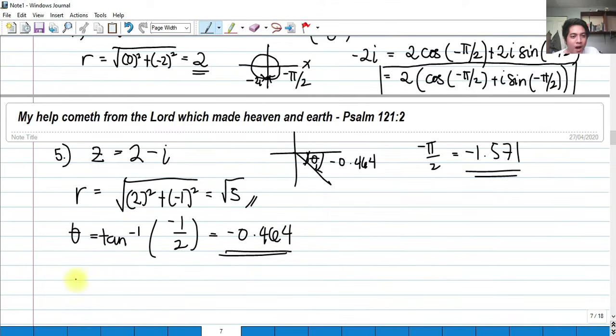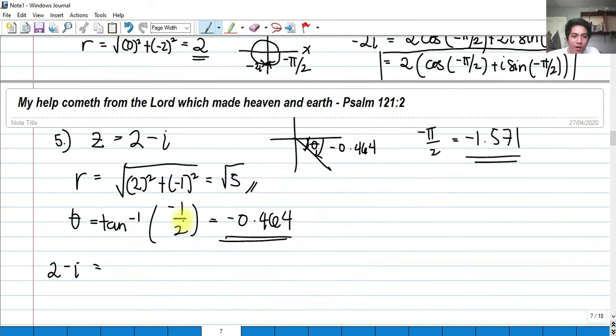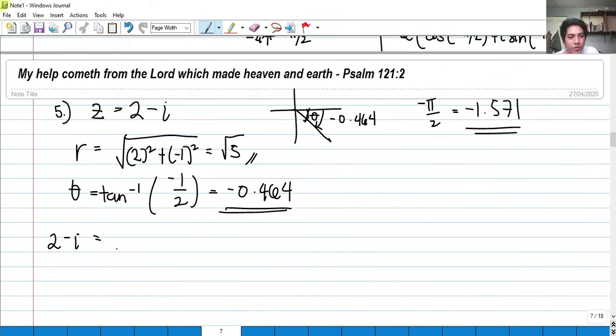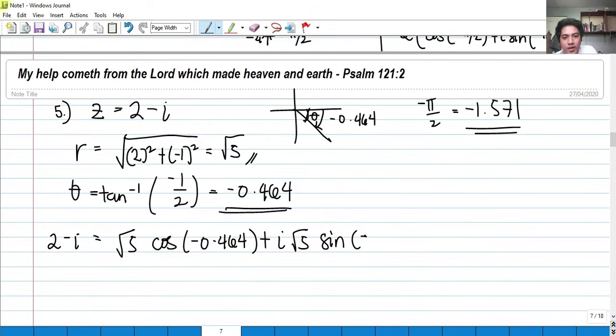So our answer here for converting 2 minus i into its polar coordinates would be square root of 5 cosine of negative 0.464 plus i square root of 5 sine of negative 0.464.